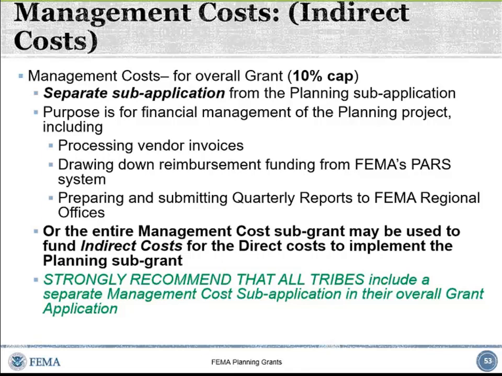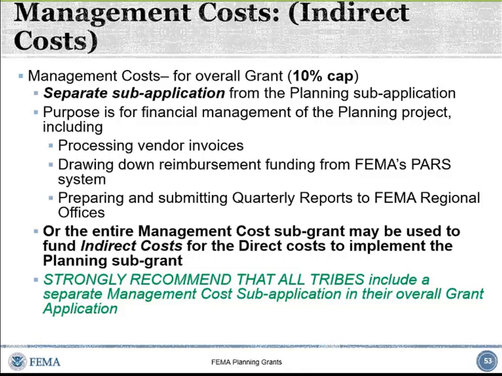Many tribes just ask for the financial management part of it: the processing of vendor invoices, quarterly reporting, reimbursement drawdowns, etc. But we have determined, and we've made a policy here in FEMA Region 10, and I can't speak for other FEMA regional offices, that we know the indirect cost rate for many tribes is high. 35 to 45% is not unusual.